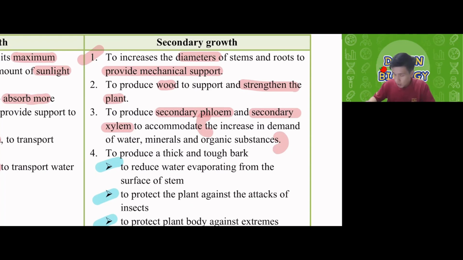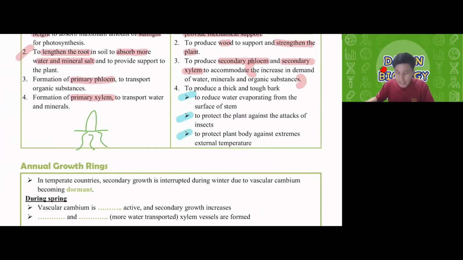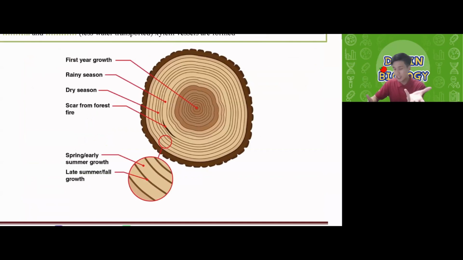Okay. All right. Then bulk, we already mentioned the function just now. Okay. Now the last thing here, annual growth rings. So we mentioned this before for my students. It's basically like the rings at the stem. And we all know, right? This is basically to count the age, estimate the age of a tree.